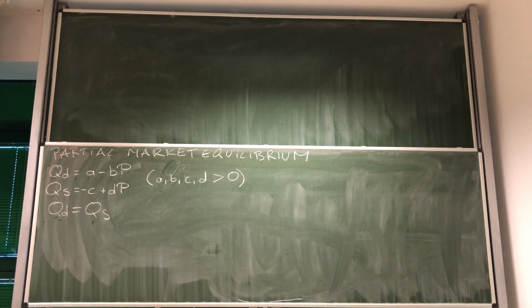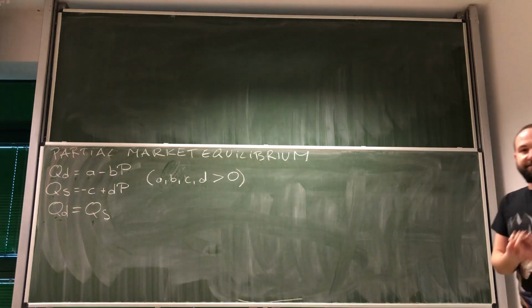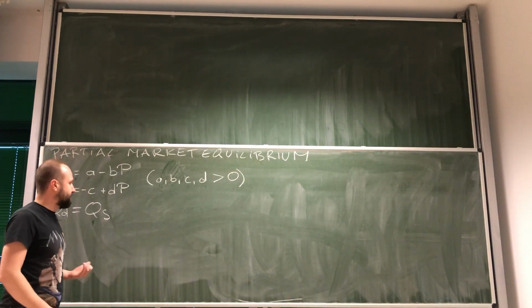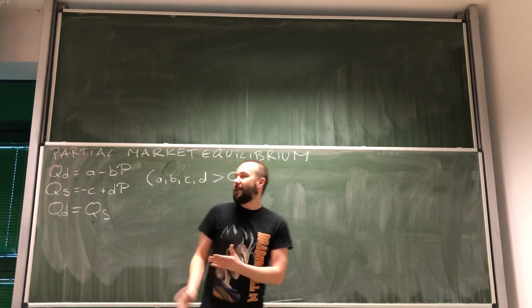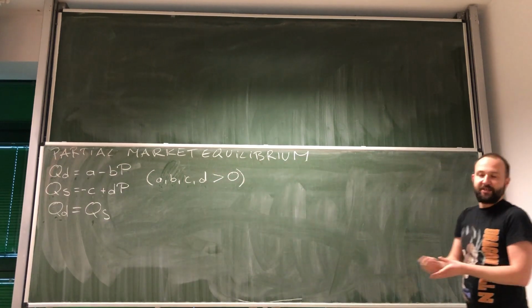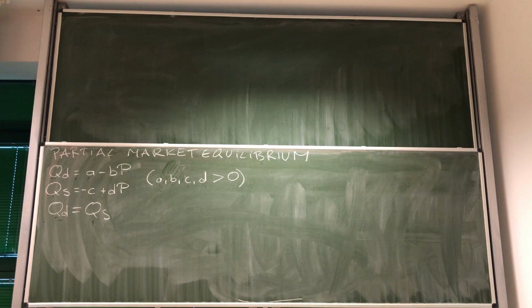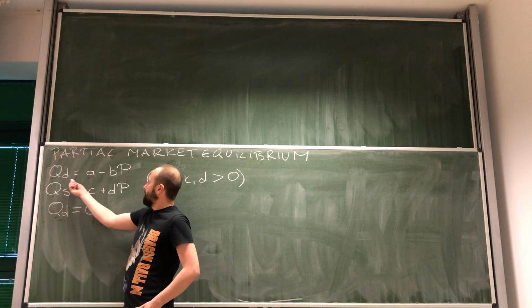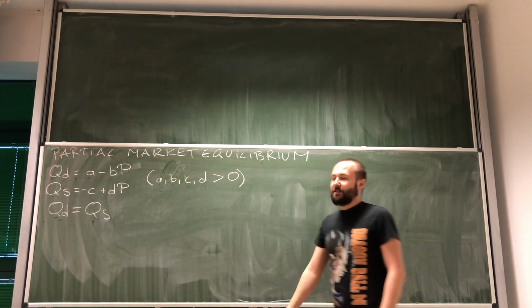Okay, so we've learned about different types of equations and variables. So now let's figure out how we would classify the ones that we've got in these three equations. Here we've got demand.